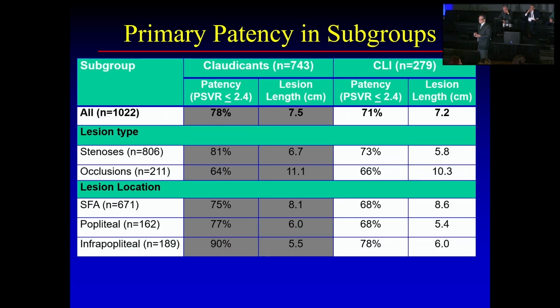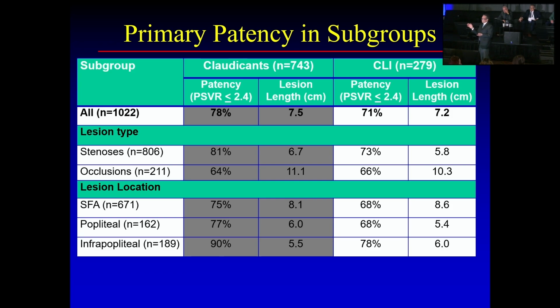When you looked at the primary patency, and now this is segregated to both stenoses and occlusions, you can look at location by way of SFA, popliteal, and importantly, the infrapopliteal space, and the lesion lengths is tested.